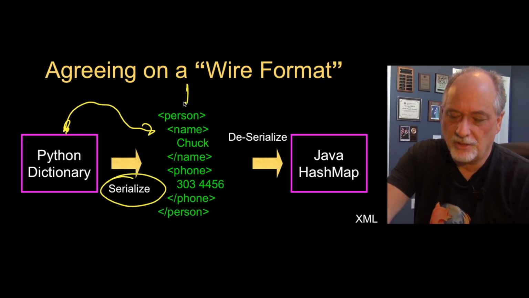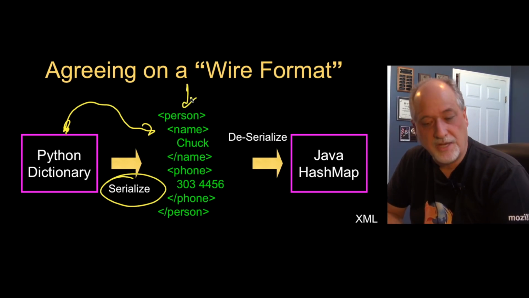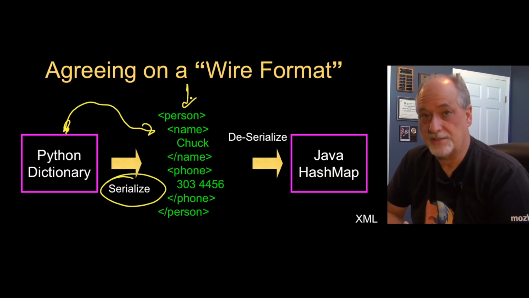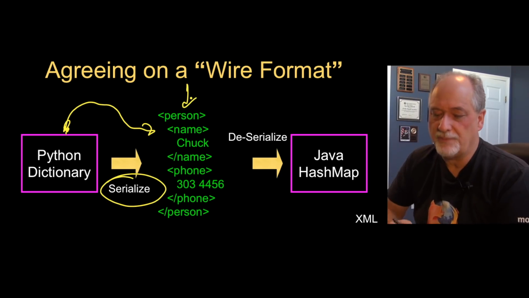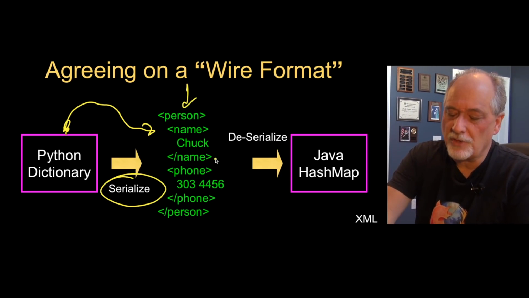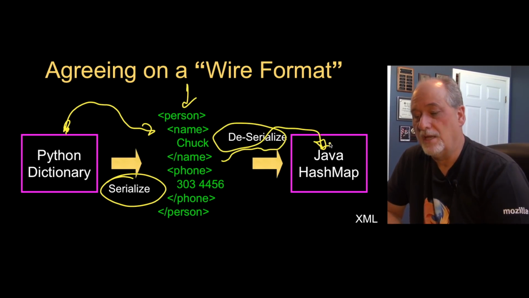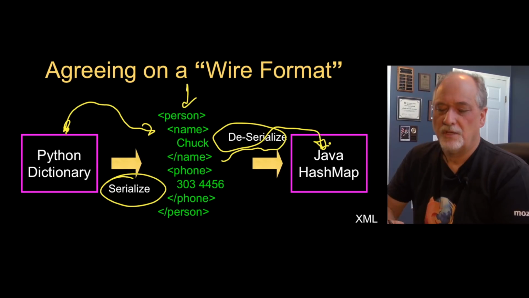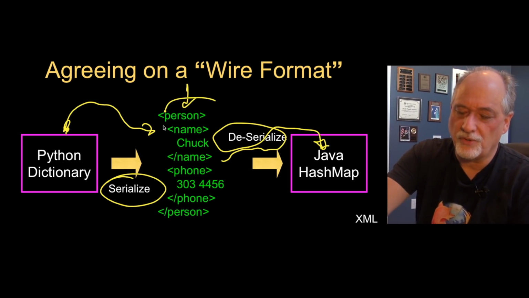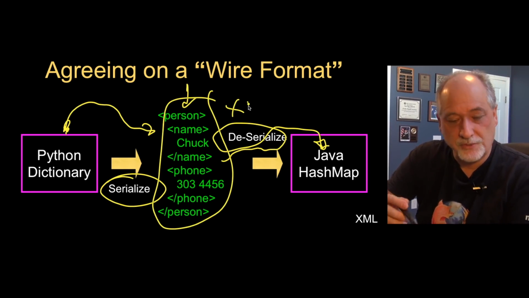And then here is an example of a person with a name and phone number using less thans and greater thans. This is an XML example. And then at the far end, in a different programming language, it receives this and then deserializes it and turns it into some useful structure inside that programming language. And so this is an example of a wire protocol that's using XML, and that's one of the formats we're going to talk about.